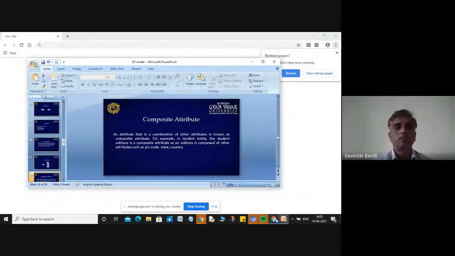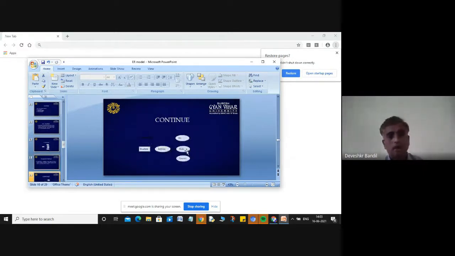For example, student address is a composite attribute because address is the combination of pin code number, state, country, and area. You can see in my given diagram, address is the combination of pin code, state, country, and area.